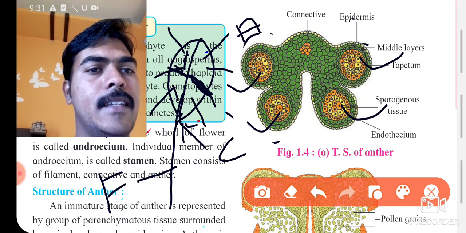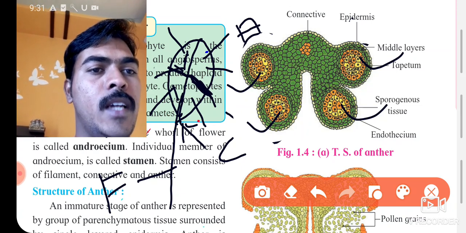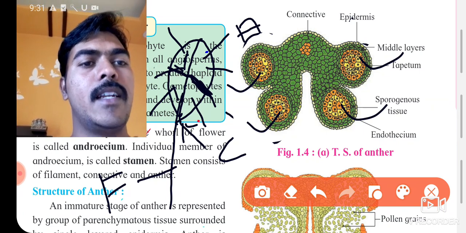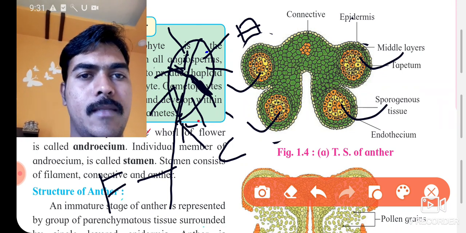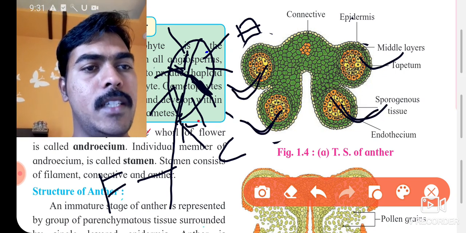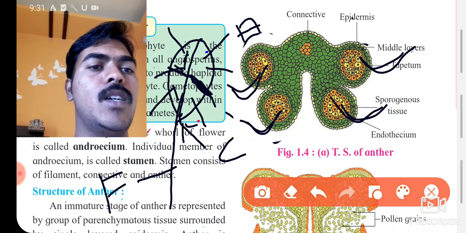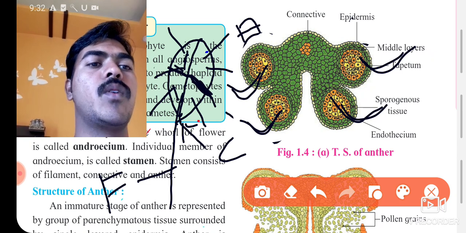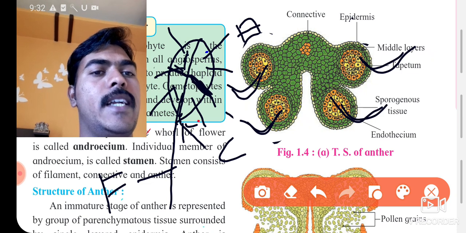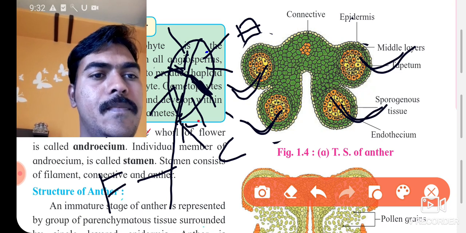That's why it is also called tetrasporangiate. Tetra means 4. And in each of these four compartments there is a formation of spores. That's why it is called tetrasporangiate. Why sporangiate? Because the spores will form in each compartment. Tetra because there are 4 sides, 4 compartments. Understood?